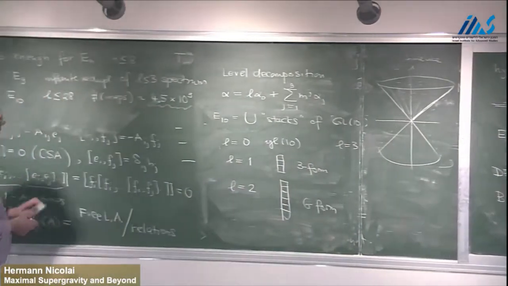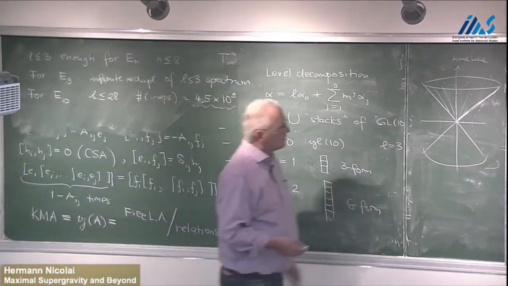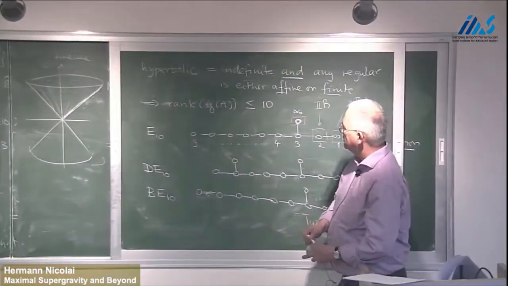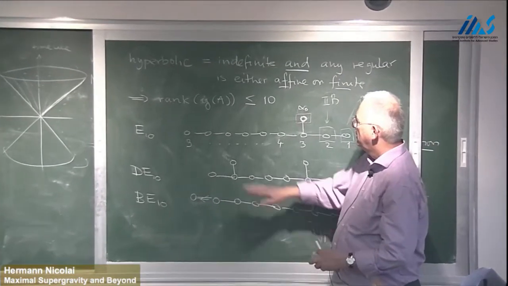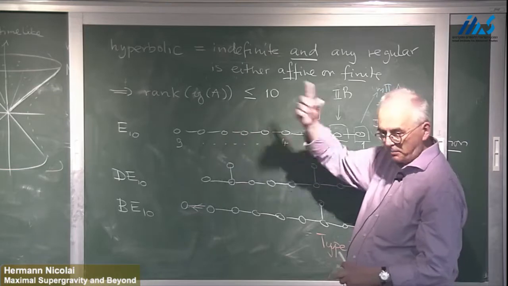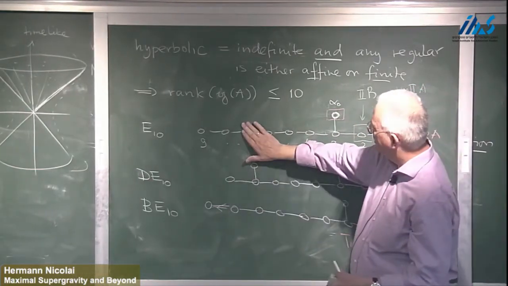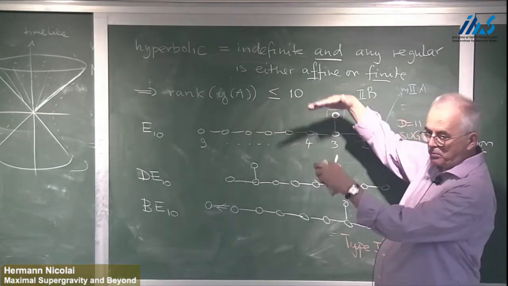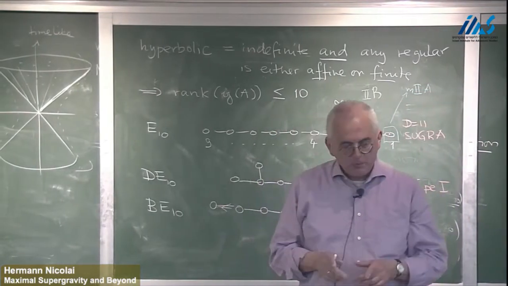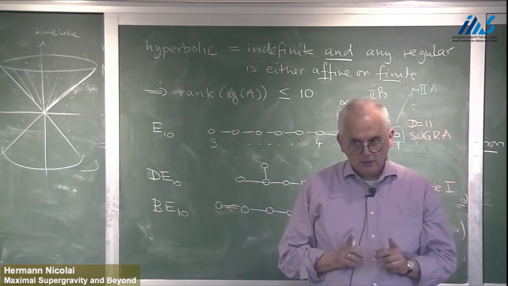Question: if you choose a different subalgebra, can you repeat the same analysis? Yes, you can. For example, if you want to understand the decomposition of N equals 8 supergravity, then you'd take this node, and since we think about spatial coordinates, it's SL3, so you take this away and then you decompose, and that will give you the E7 representations that appear in N equals 8 supergravity.